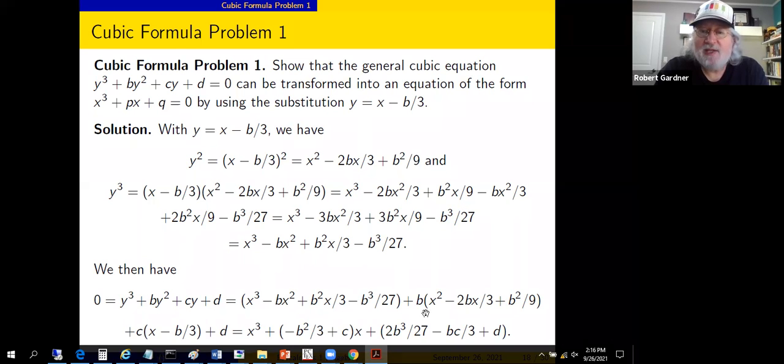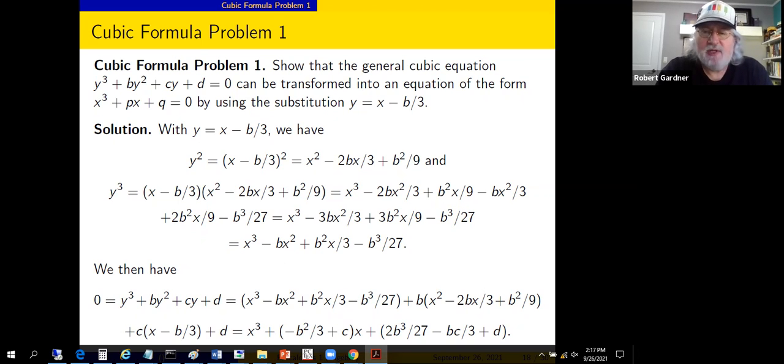Plus b y squared. Y squared is this quantity. We found it right here. Plus c y. We started all this with y equals x minus b over 3. And there's the plus d. So all we did was substitute in for y cubed this quantity, y squared this quantity, y itself this quantity. That produces this.